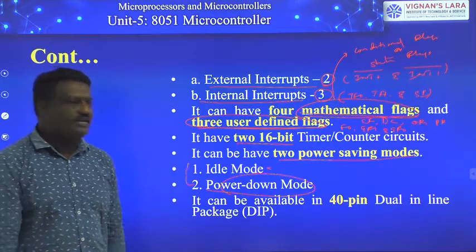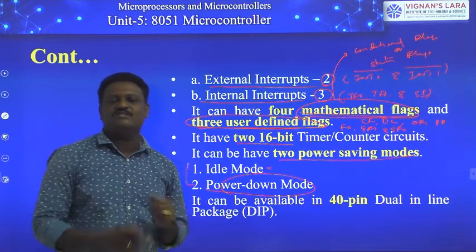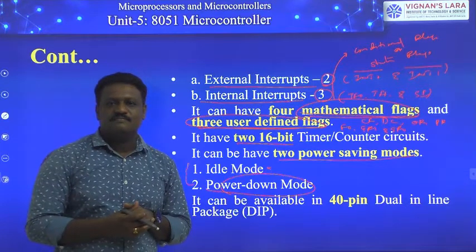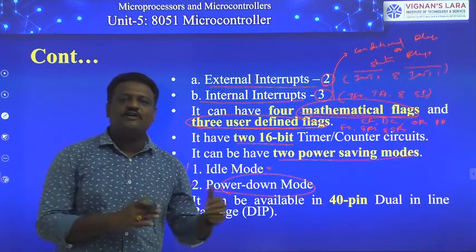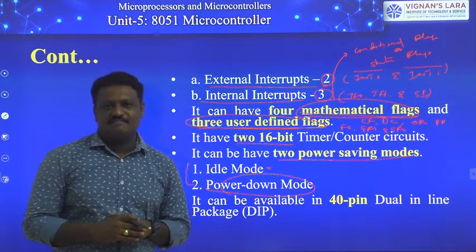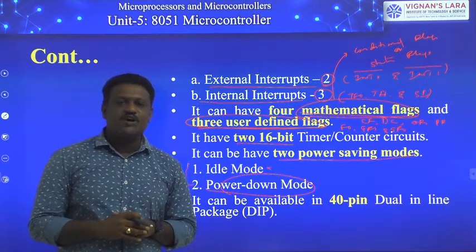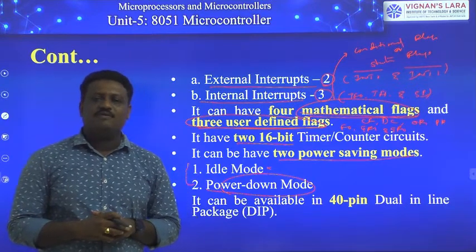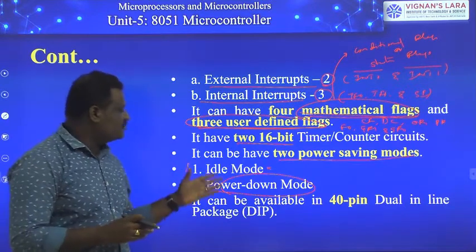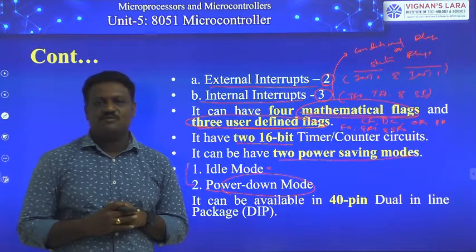In a later stage, we will see what idle mode and power down mode are. This type of facility is not found in microprocessors, but microcontrollers have this provision. We can operate our controllers in power saving modes: one is idle mode and the second is power down mode.